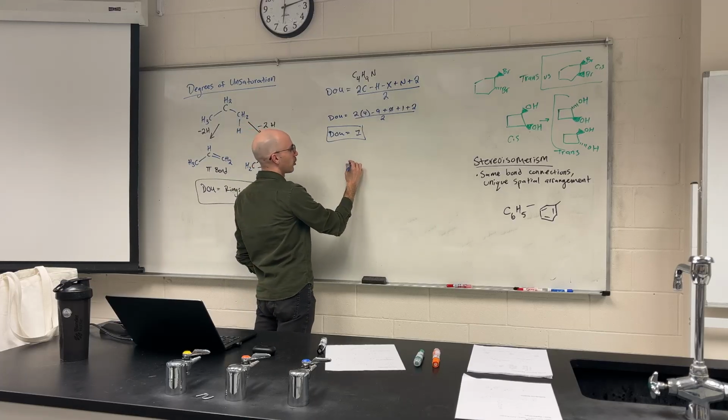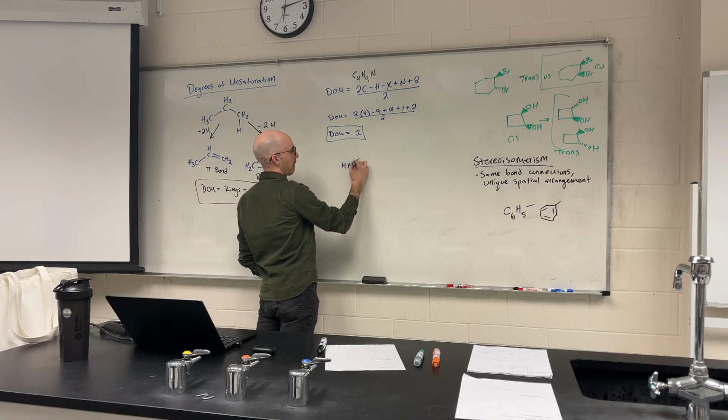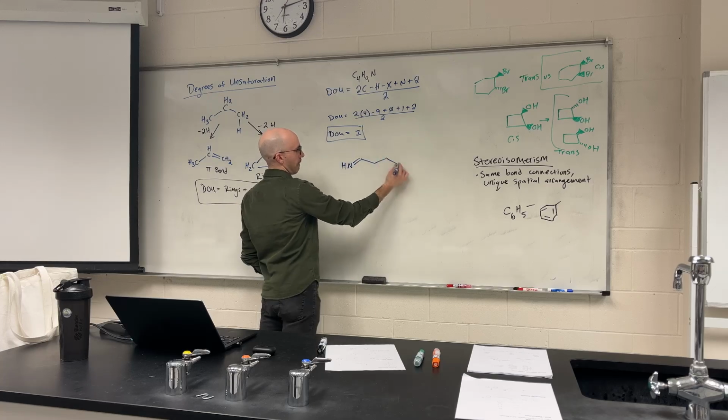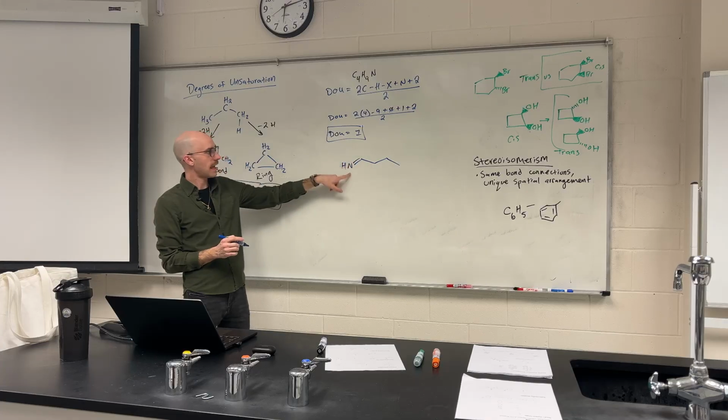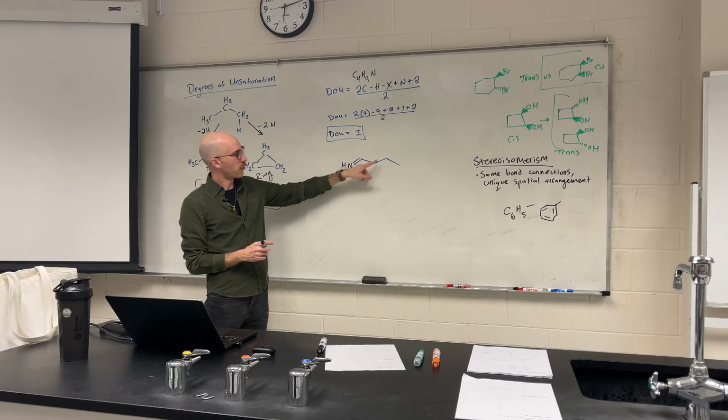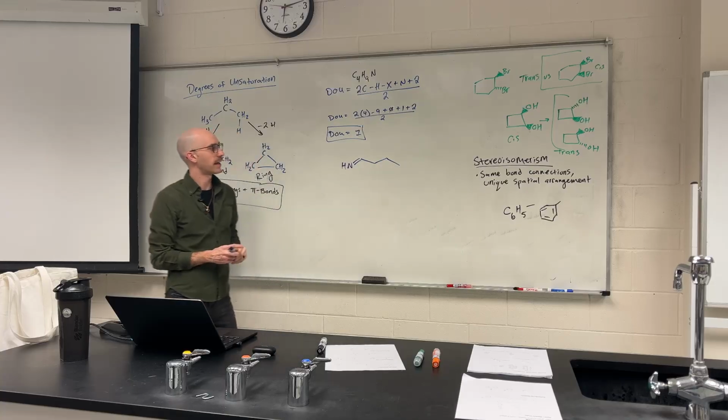So C4H9N could be C4N, and then I've got 9 hydrogens.